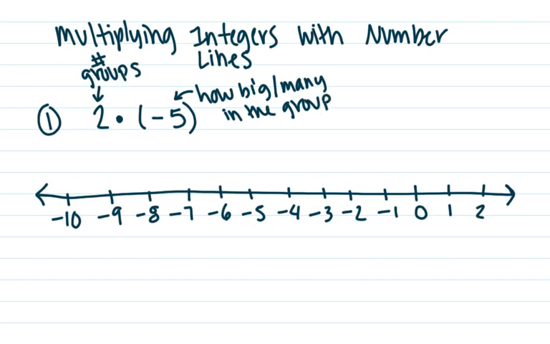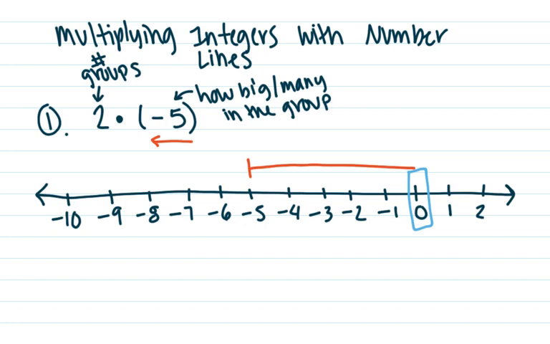So on my number line, I have 2 groups of negative 5s. Now we know negatives always travel to the left unless we're subtracting, and then there's some opposite movement going on there, okay? But we're not subtracting here. This is multiplying. And so I am going to start here at 0, and I am going to travel one group of negative 5.